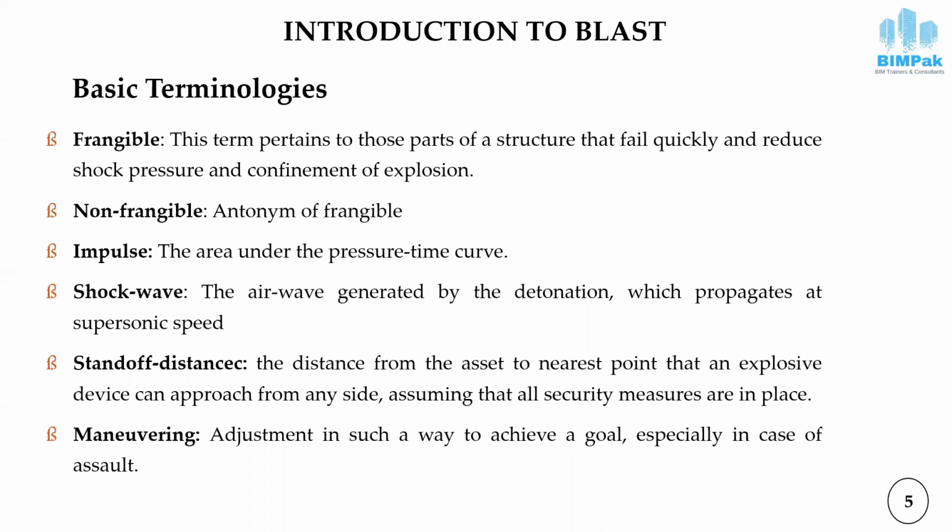It means that when you install a full security system, and even in that case, if an explosive material can be taken to the nearest point, the distance between the target and that point of explosive material is called the standard distance. And there is another term, maneuvering, which is an adjustment to achieve a goal. This terminology is normally used in military language.